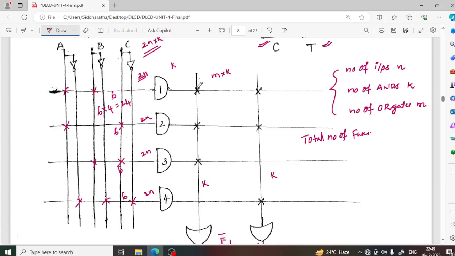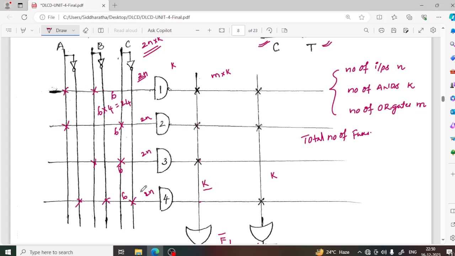But we are making only 3 fuses connected to get only 3 products, right? 4 are available; every intersection is 1 fuse. Which fuses are connected to get F1 bar? The fuse connected to the first AND gate, first product term, second fuse, third fuse are connected. Fourth is not used, right?